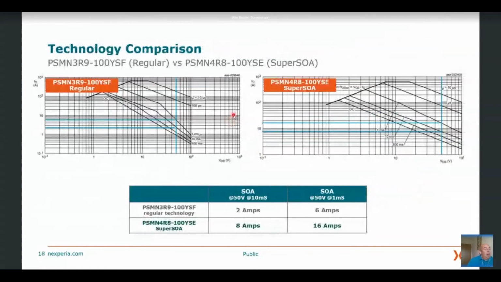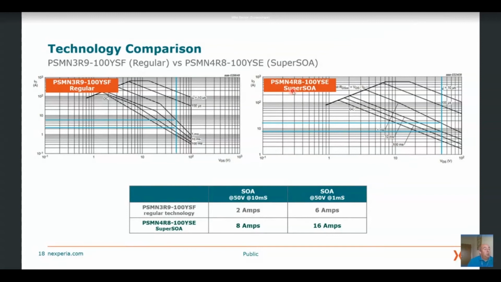These two graphs side by side show the difference between a regular technology and a SuperSOA technology. You can see a regular device is around about 4 milliohms. The SuperSOA here is around about 4.8 milliohms.